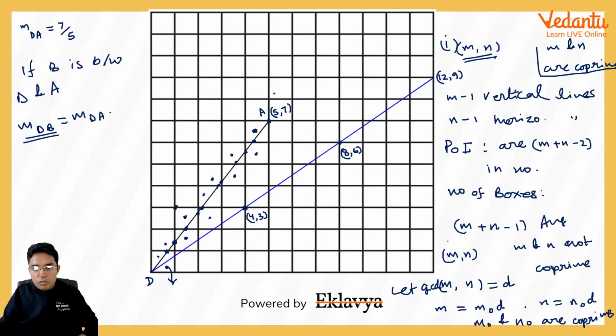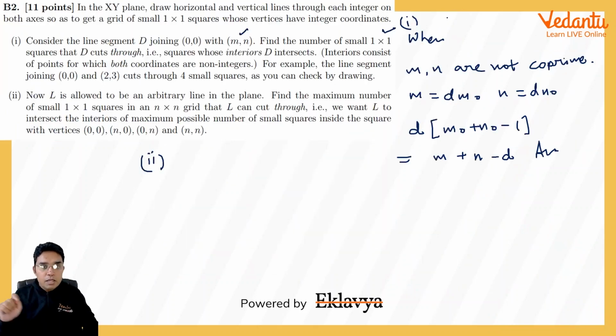So you can assume this to also be like (0,n) here, and I have taken here as 12. So this point to be (0,n), this point to be (n,0). Okay, so which line will be there in which we can have maximum intersection with these 1 into 1 squares.